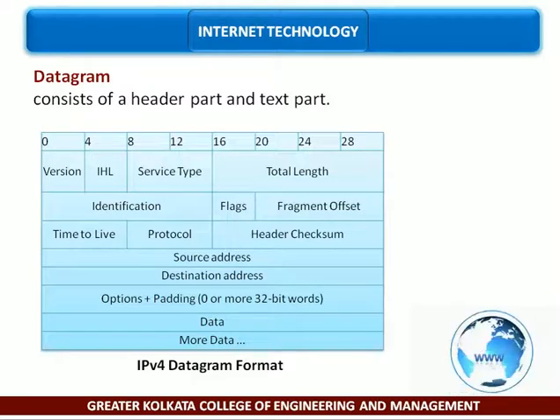A datagram header defines the source and destination of the data, as well as other information such as time to live, TTL, and the specified protocol used to transfer the data. An IP datagram consists of a header part and a text part.